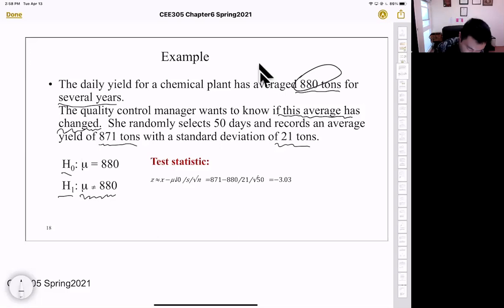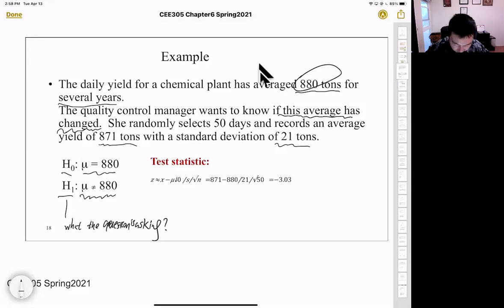So the first trick is to set up H1 as whatever the question is asking. In this example, H1 is the population mean not equal to 880. And then the null hypothesis is the opposite of H1, which means the population mean equals 880. That's the first step.